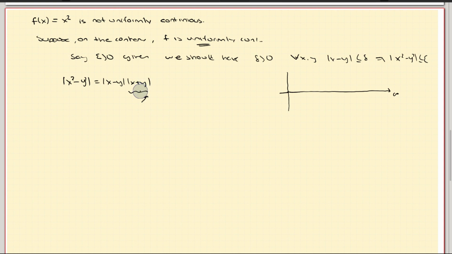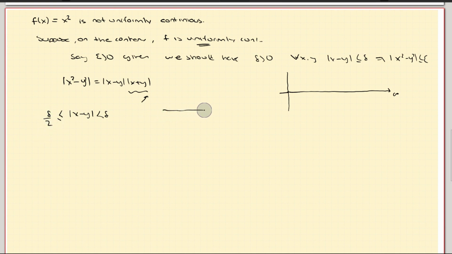It does not have an upper bound, so we can make this term larger and larger, and eventually we can make it greater than epsilon for any delta. So the observation is this, and we can write it formally like that. Say that we have a delta, and the distance between x and y is less than delta, but we can pick x and y with x plus y greater than delta over 2, right?